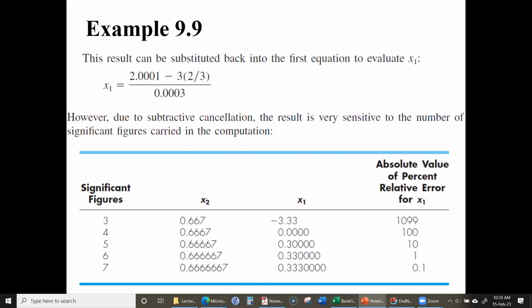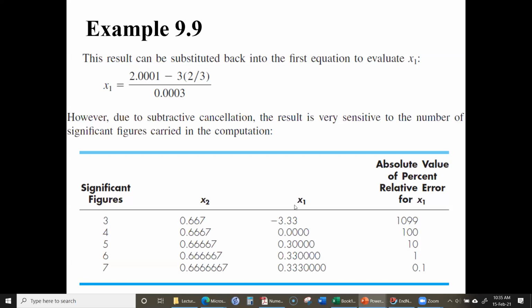However, if we restrict our calculations to 3 significant digits, we get the value of x2 as 0.667, which is fine, because x2 is 2/3, so it is not very different. The percentage error is 0.0000 something. But for the solution of x1, there is a large error.